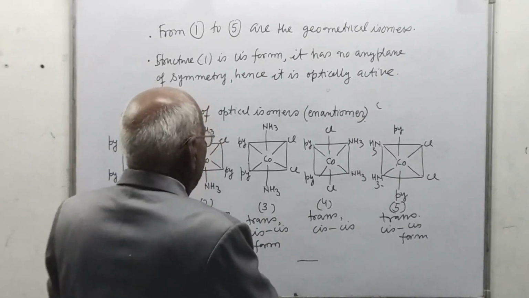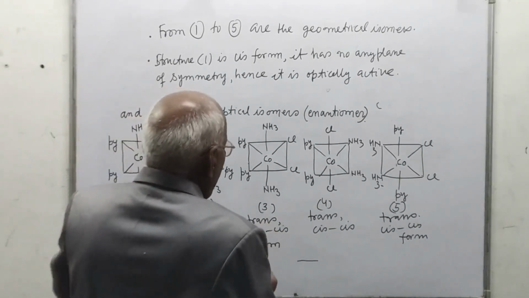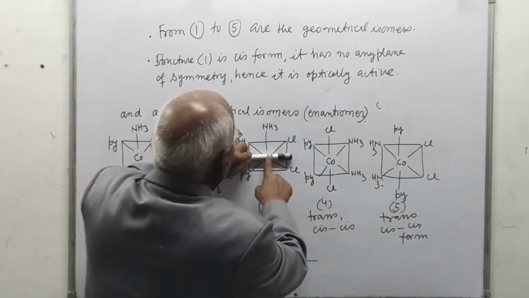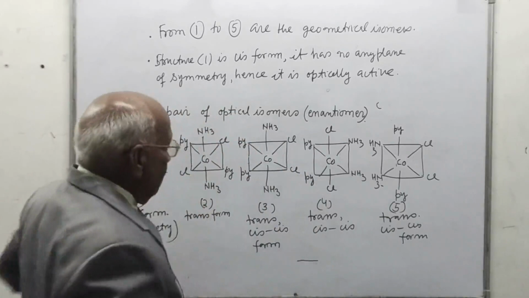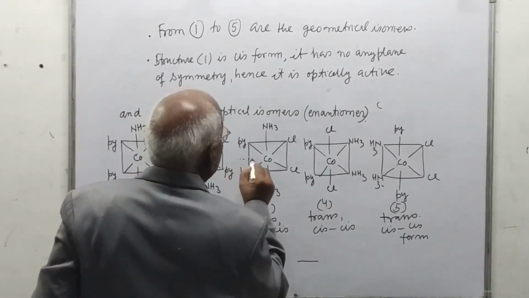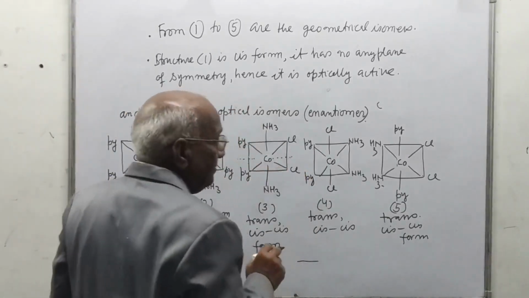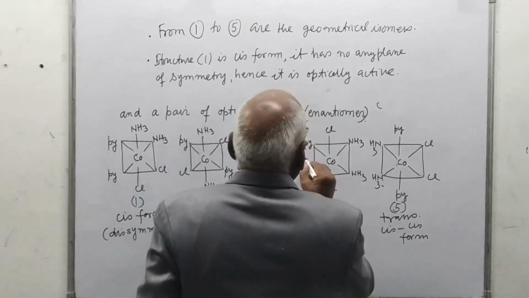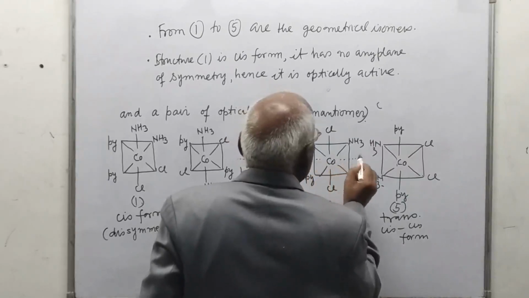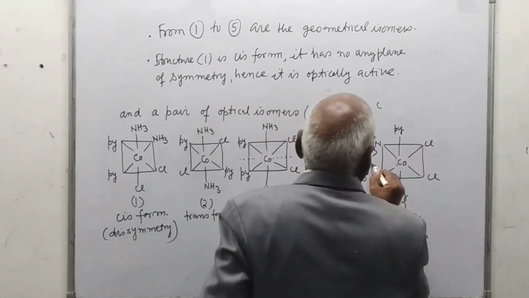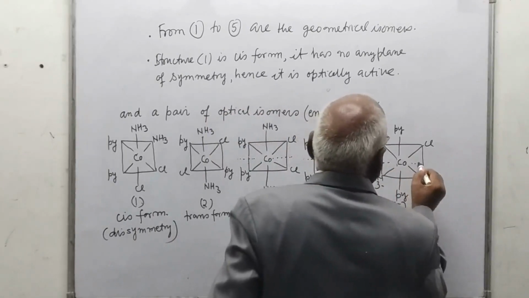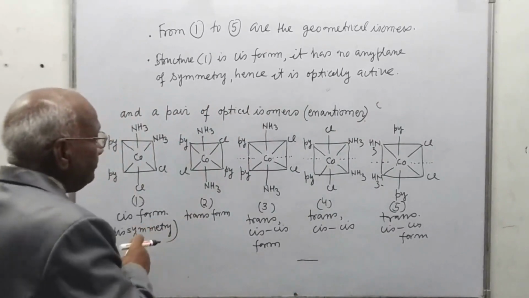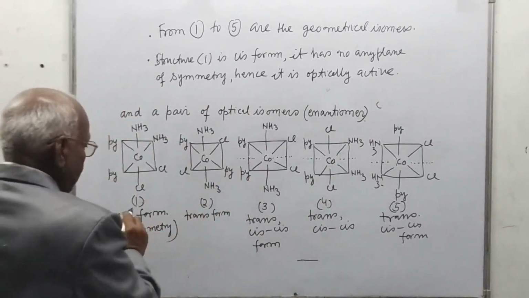Similarly, if you cut in this plane, you will see the plane of symmetry. If you cut this in this plane, it has two equal halves. Similarly, if you cut through this plane, it has a plane of symmetry, and likewise along this plane. So all these have a plane of symmetry except one.